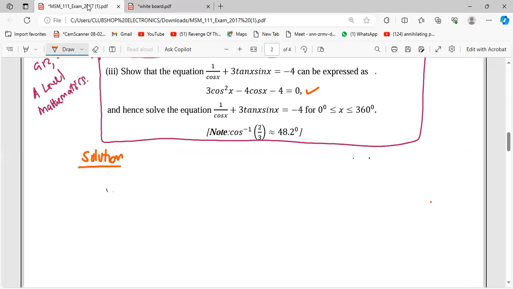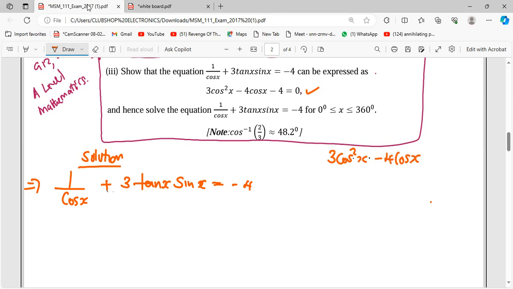This implies that for this one, 1 over cos x plus 3 tan x sin x equal to negative 4, I want to express it as 3 cos squared x minus 4 cos x minus 4 equal to 0.